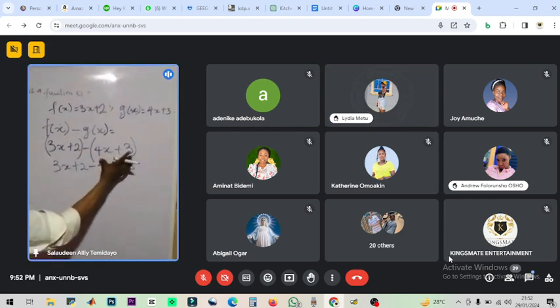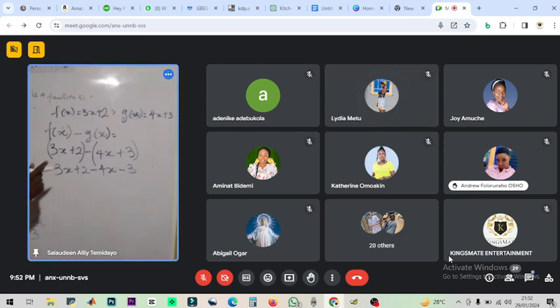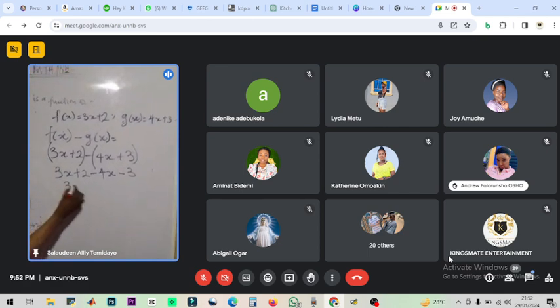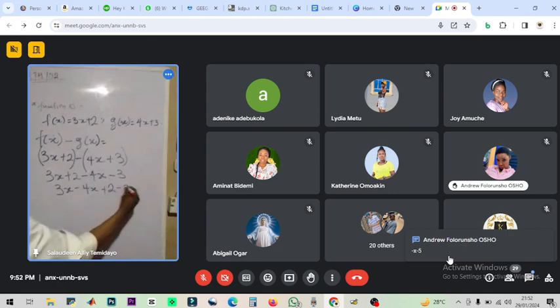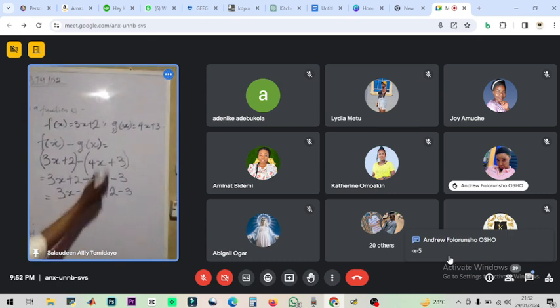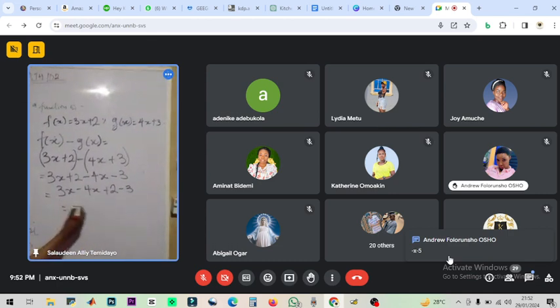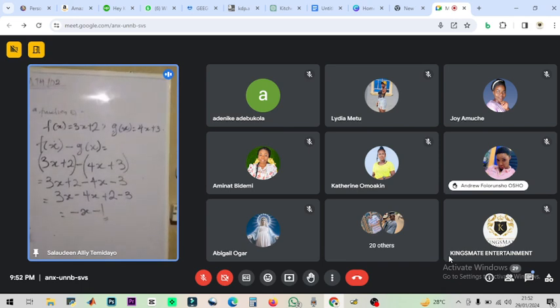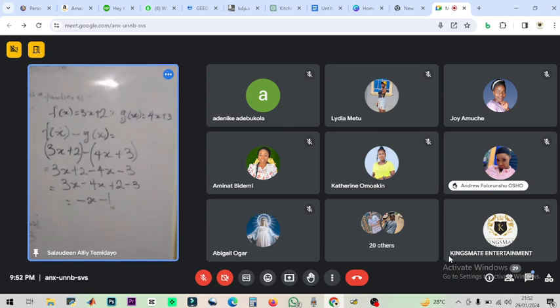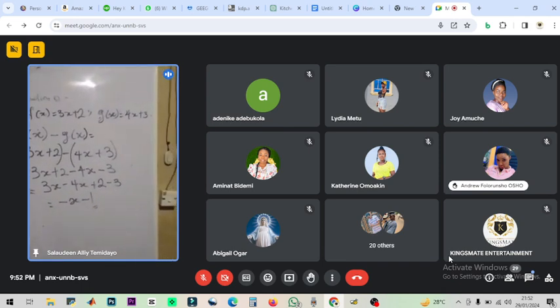You have to let the minus affect everything inside the bracket because it is important. So now I have 3x minus 4x plus 2 minus 3. 3x minus 4x is minus x, and 2 minus 3 is minus 1. So the perfect answer is minus x minus 1, not minus 5.